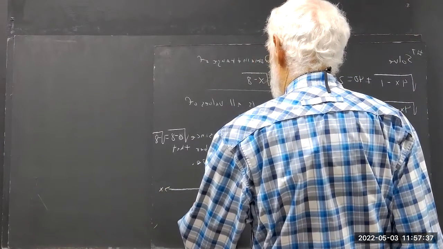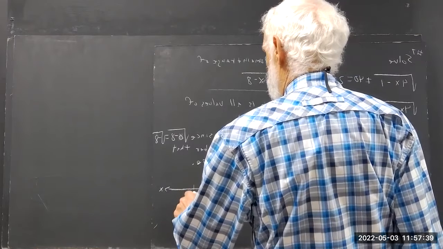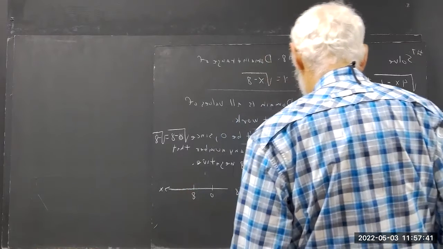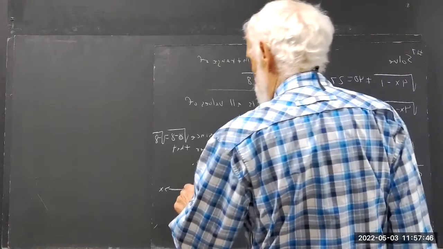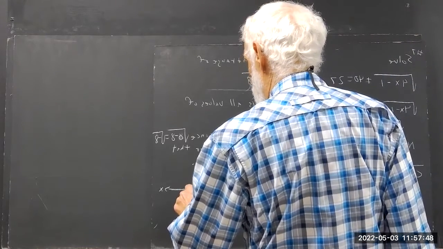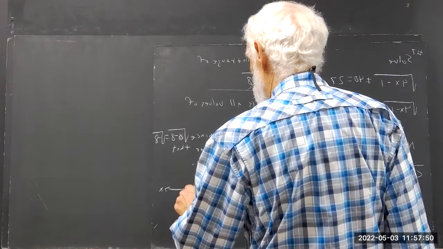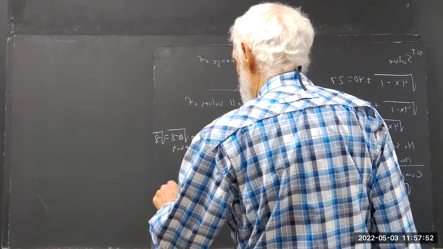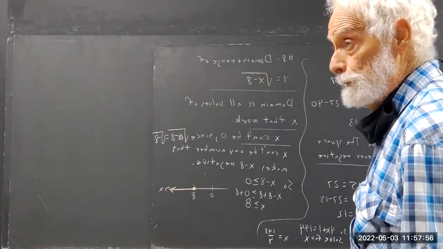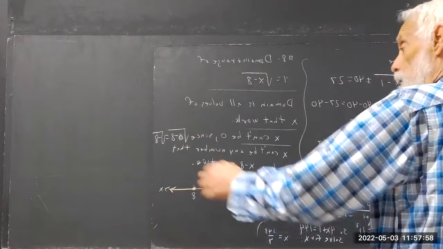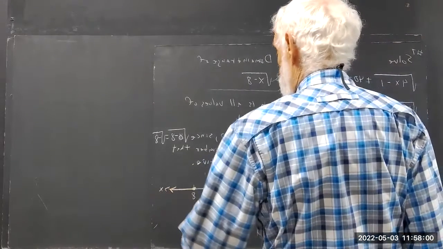Here's the x-axis, here's 0, and here's 8. So our domain is all values including 8, so we put a closed dot here, and all values greater than 8. Okay, 8 and all values greater. There's the graph.